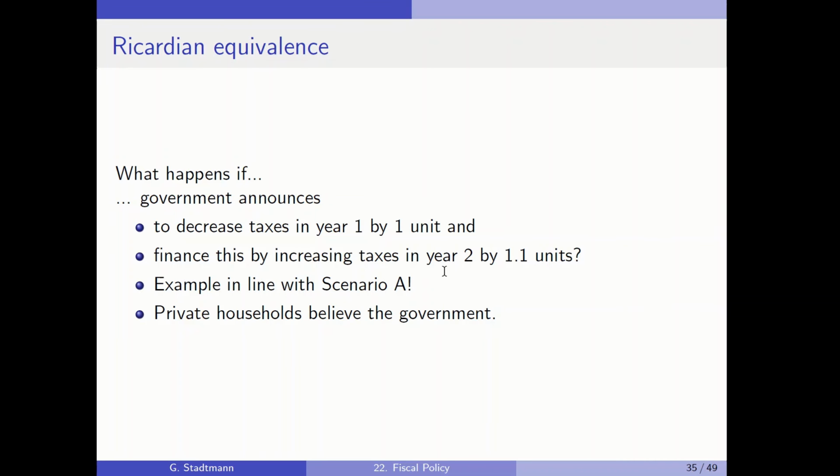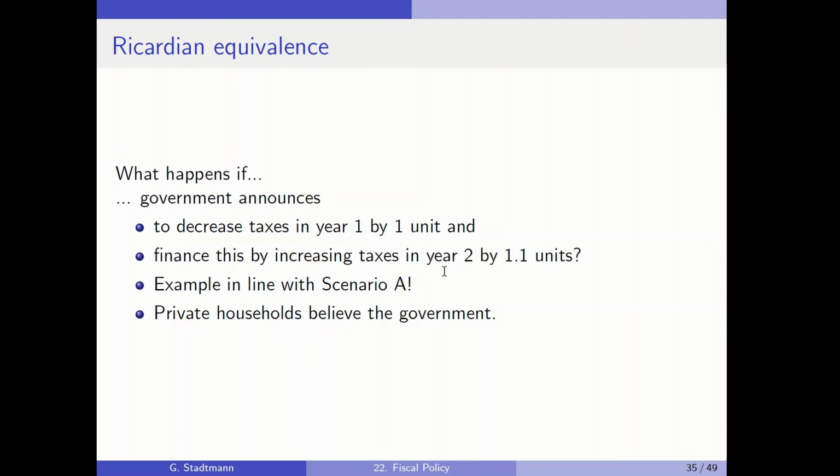And therefore, we call this kind of behavior Ricardian equivalence, and the main message is that it doesn't matter whether the government is running a government budget surplus or a government budget deficit, because the private households will counter the behavior of the government.